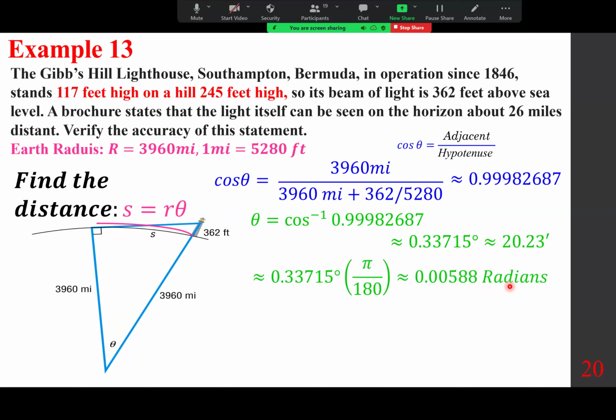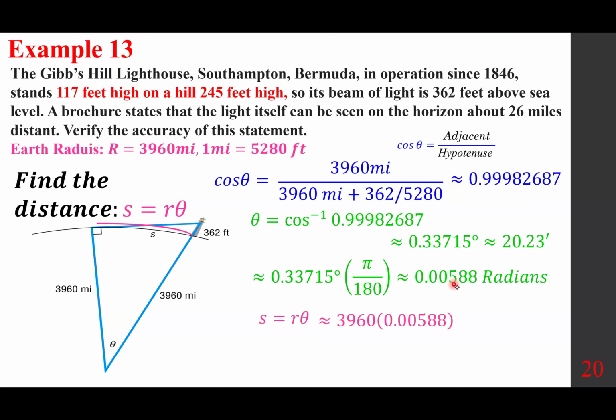And S equals R theta, multiply this number by this number to find S. And the product is about 23.3 miles.